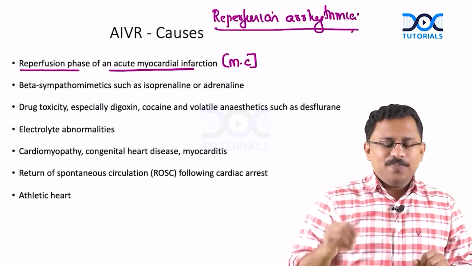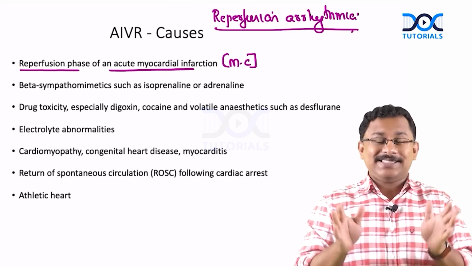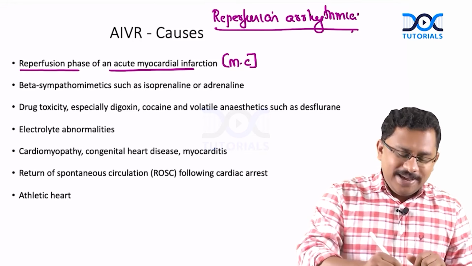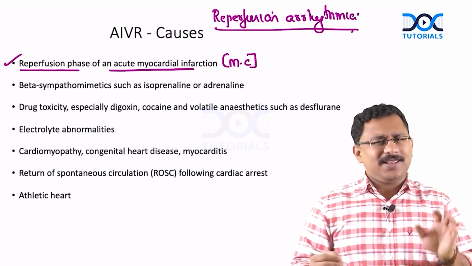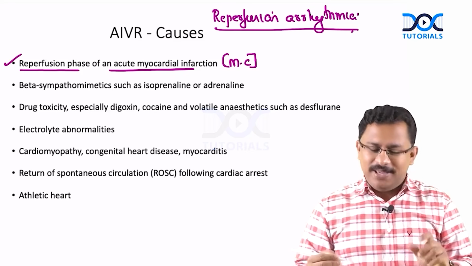It's not necessary that all cases of reperfusion have this arrhythmia, but you may get an accelerated idioventricular rhythm, which is the most common clinical setting where you get an AIVR.